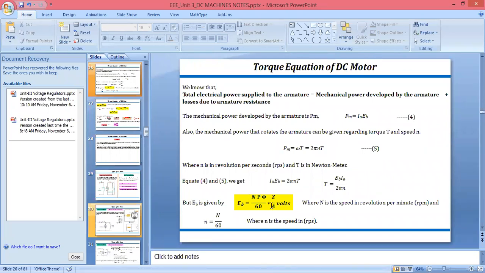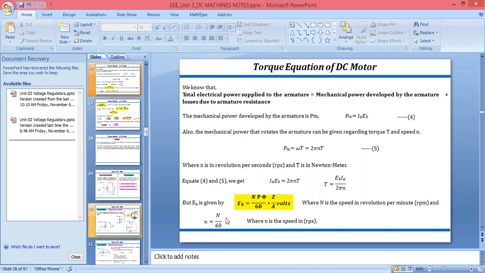So we can put this equation in here. Speed is measured in rotations per minute, but we need it in rotations per second. That's why I have written N upon 60; I have converted speed to seconds.